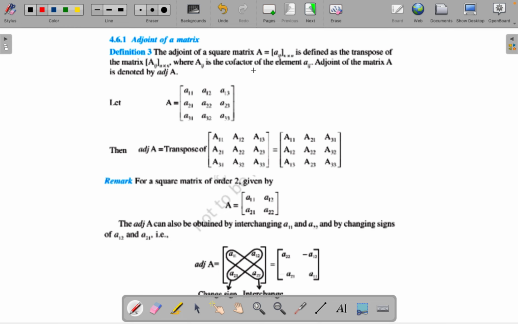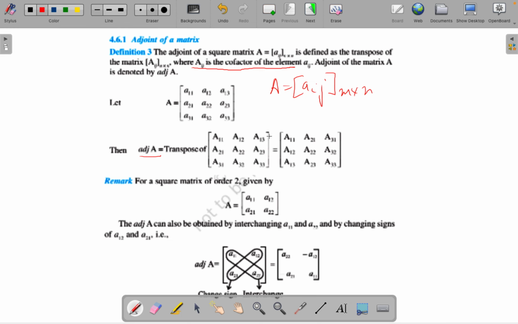The adjoint of a square matrix capital A, equal to Aij, whose order is m by n, is defined as the transpose of the matrix of capital Aij. If you remember, capital Aij is the cofactor of the element Aij. So the adjoint of A is the transpose of the cofactor matrix.